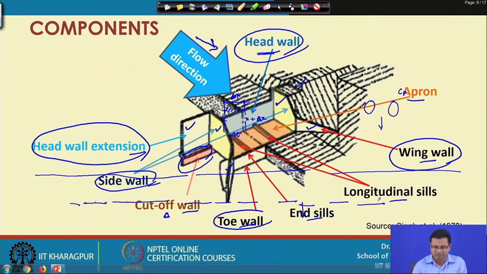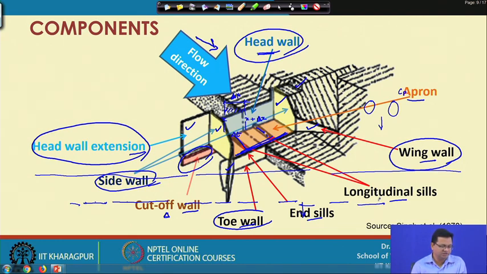Then there are end seals. You can see this is the longitudinal seal, and this is the end seal. The end seals are the elevated seals of the apron, mostly used to obstruct the water from directly moving into the channel below and raise the tailwater level to create hydraulic jump for dissipation of energy of the flowing water.